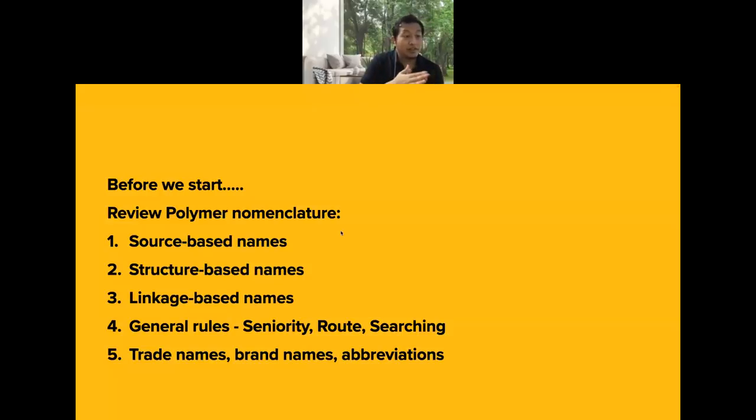And then we also have the trade names, brand names, and abbreviations. Sometimes I will use the trade name, sometimes the other names. It depends on the context. If you are looking at the supplier, you are looking at the commercial name and trade name. It will be different if you work in the lab and really look at the chemical itself.